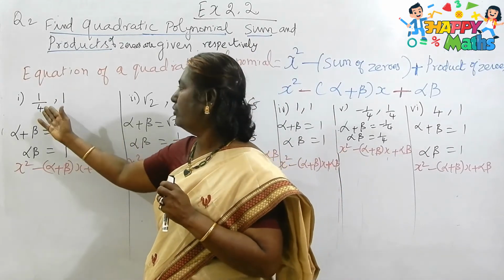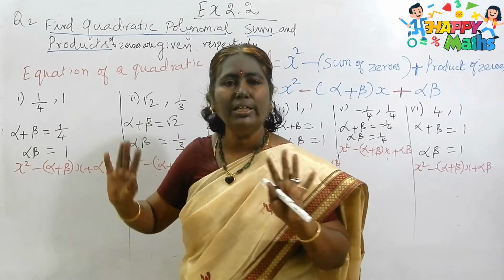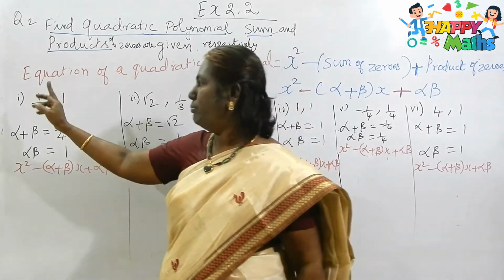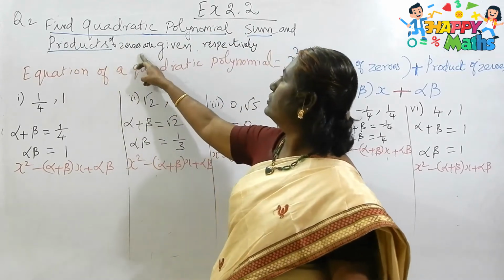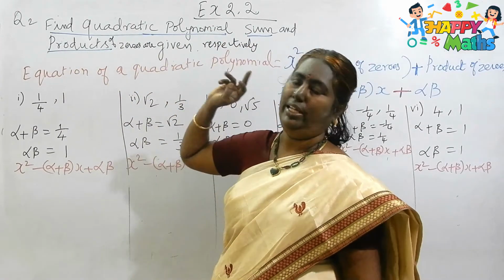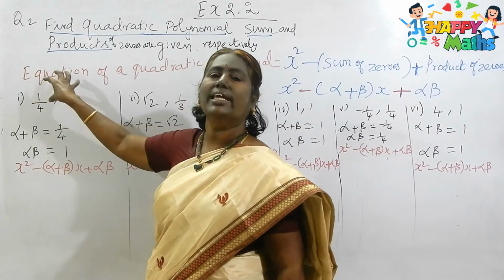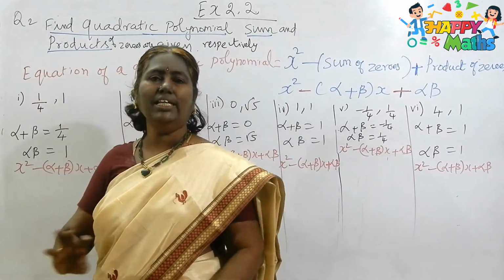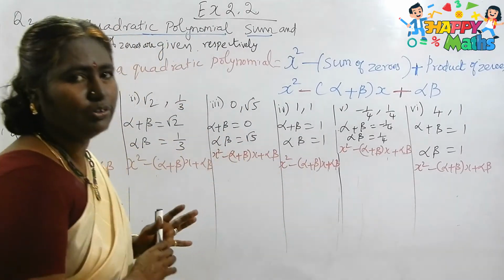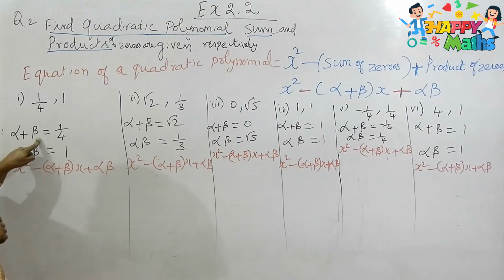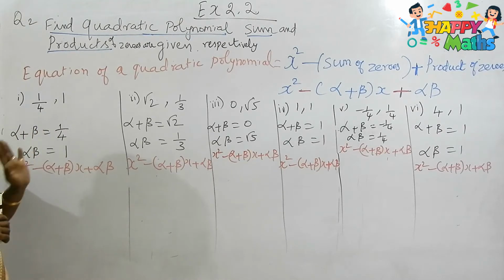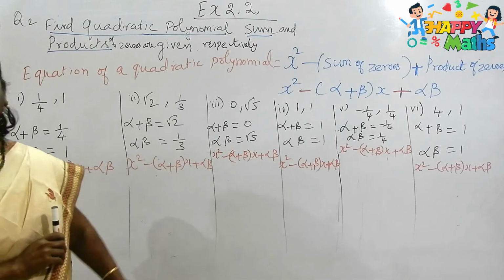So don't think that 1 by 4 and 1 are alpha and beta. Not like that. See, sum and product of zeros are given respectively. So the first is the sum, the second one is the product. I think it is very clear now for you, children. So this 1 by 4 is nothing but alpha plus beta, and this 1 is nothing but alpha beta. For every sum it is like that only.